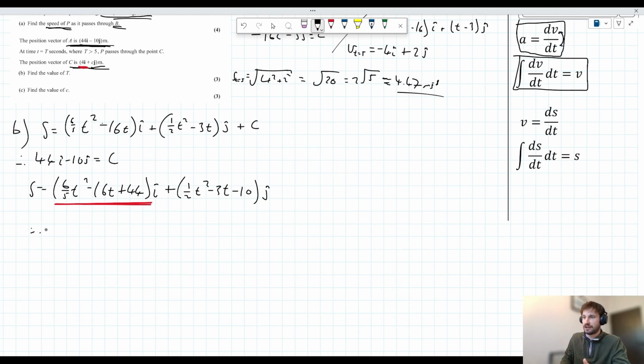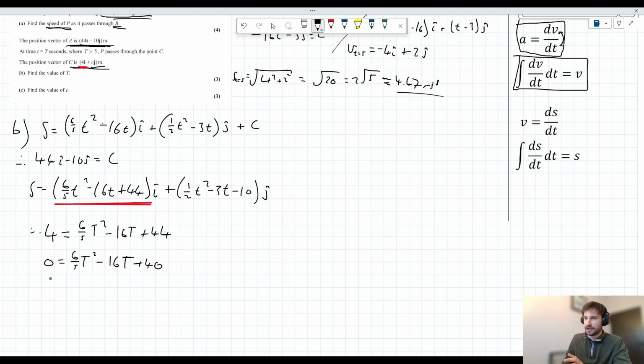So I can say, therefore, 4 is equal to 6/5 of capital T squared minus 16 capital T plus 44 here. Let's equate this to 0, as you typically might with a quadratic.